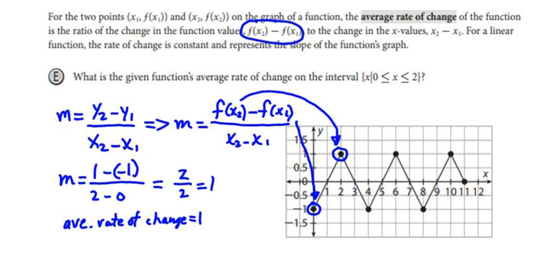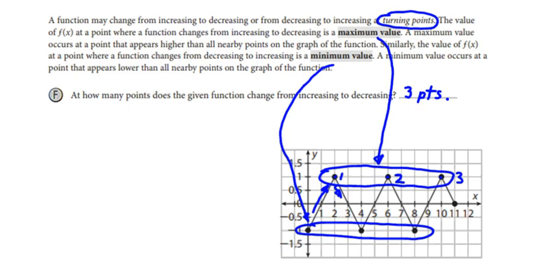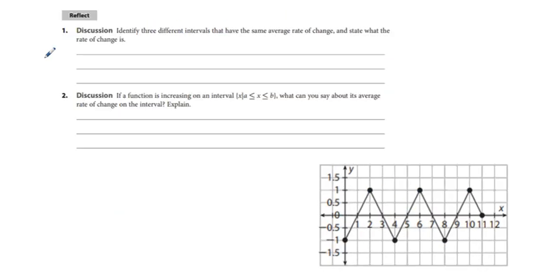So that's 1. We'll do interval notation. What are the 3 different intervals? Well, between 0 and 2 at an average rate of change of 1, and then we're going to have the same, aren't we, between x equals 4 and x equals 6?